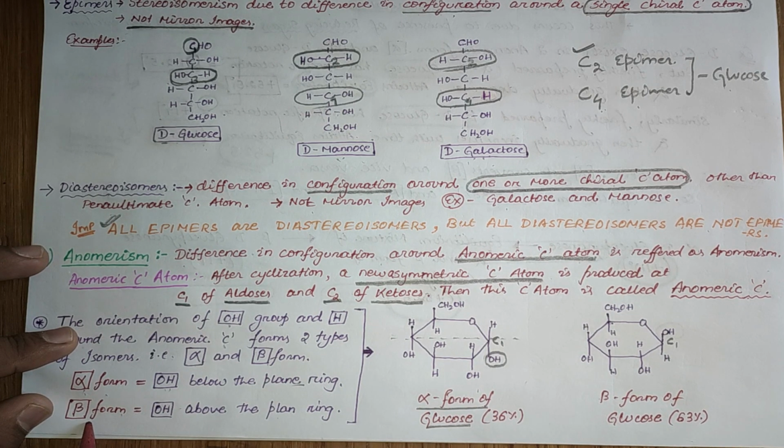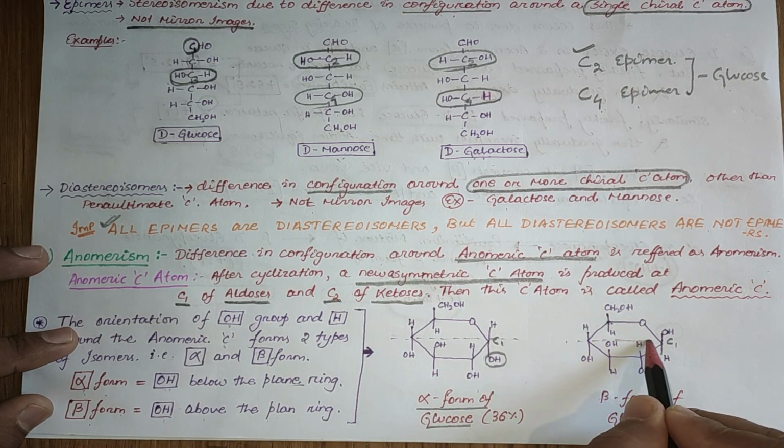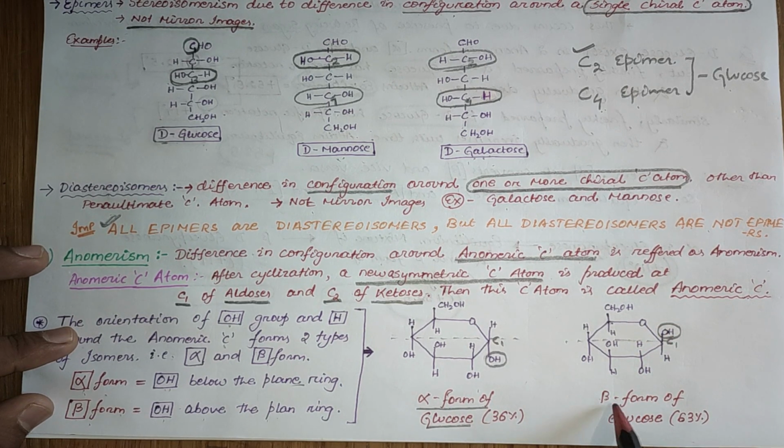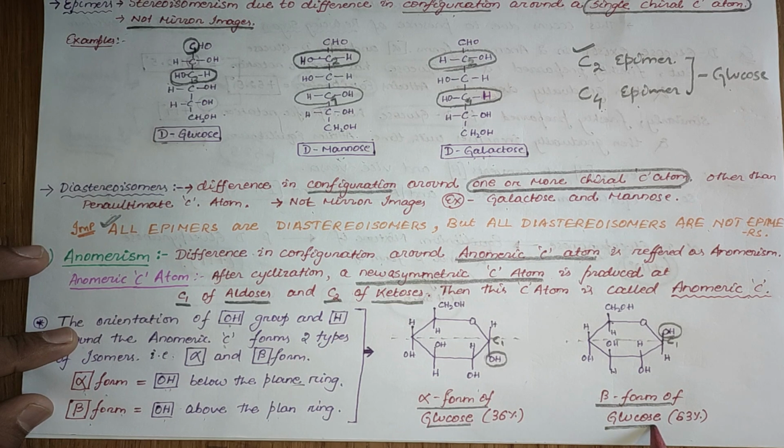And in the beta form, the hydroxyl group is above the plane of the ring. If this is the plane of the ring, then the hydroxyl group is present above, so it is called the beta form of glucose.